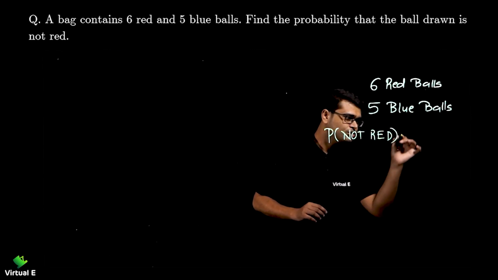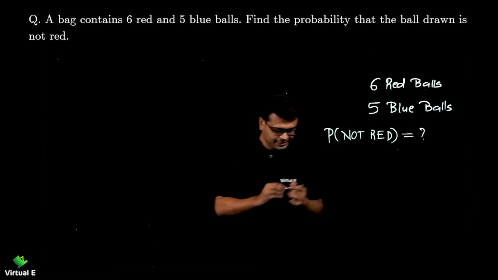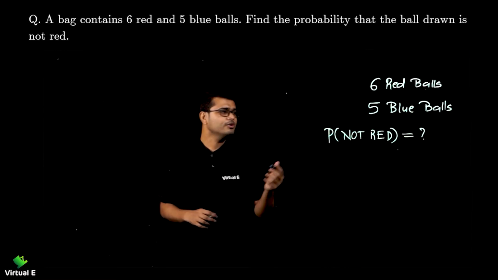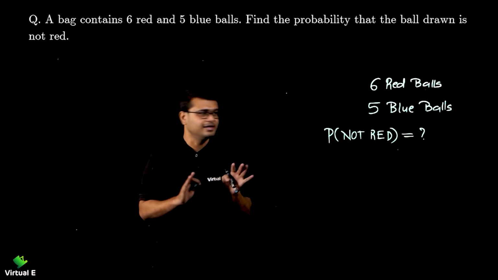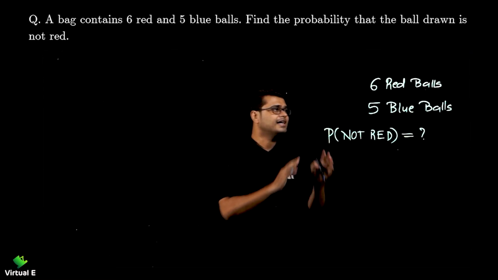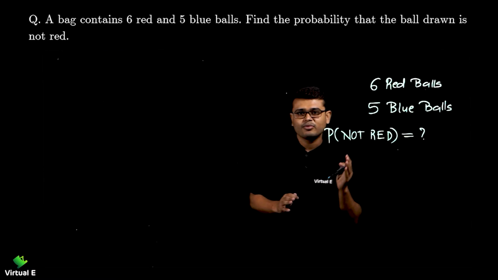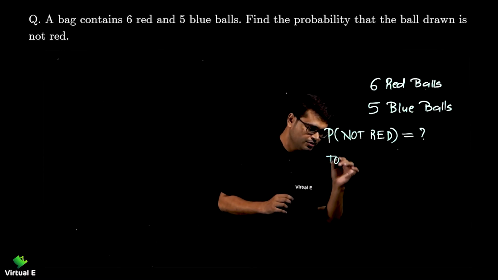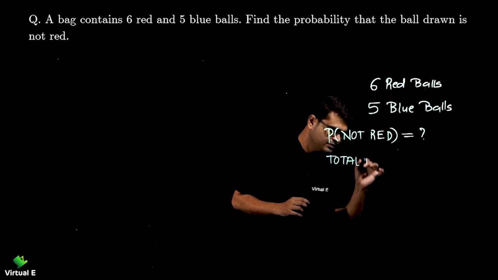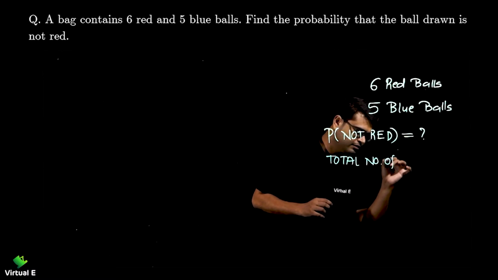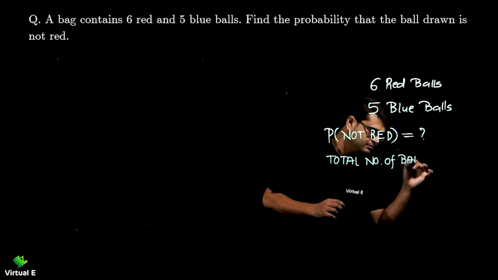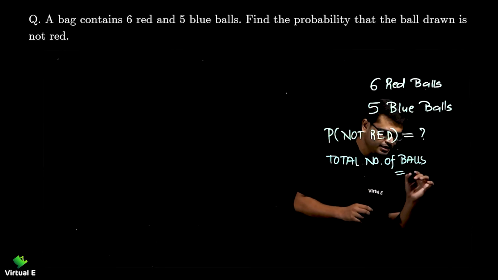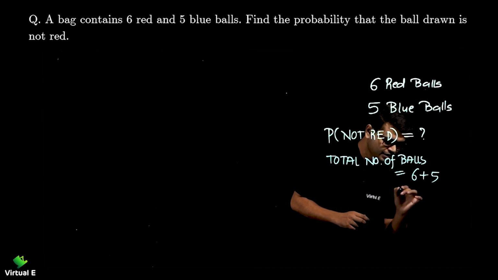Now this is a very logical question, right? You can get the answer within a snap as well. Nothing much to do. We do not want to get red. Anything other than red is accepted. So there are 6 red balls and 5 blue balls. First of all, let's find the total number of balls. 6 and 5 will be 11. Simple.